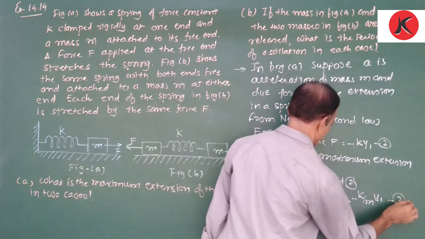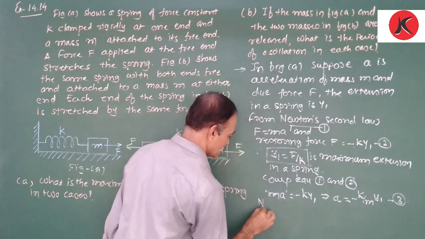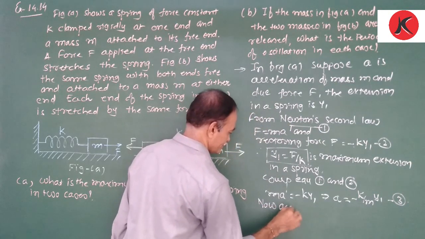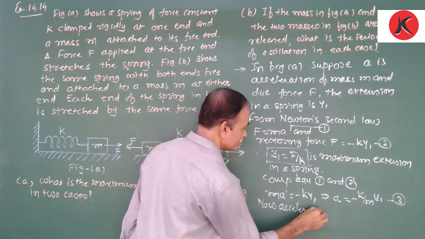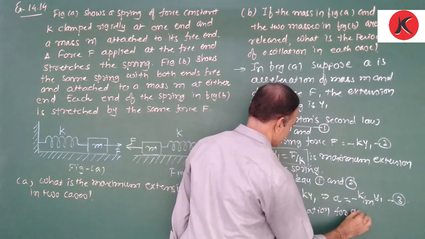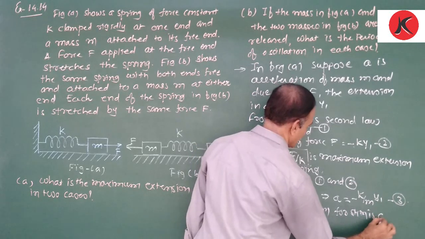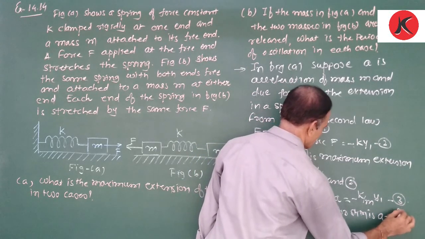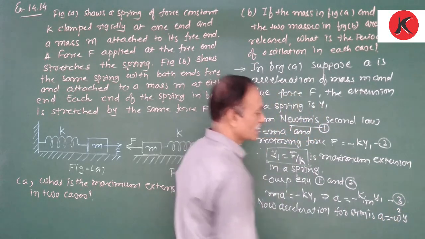Now, acceleration for simple harmonic motion is a is equal to minus omega square y, equation 4.